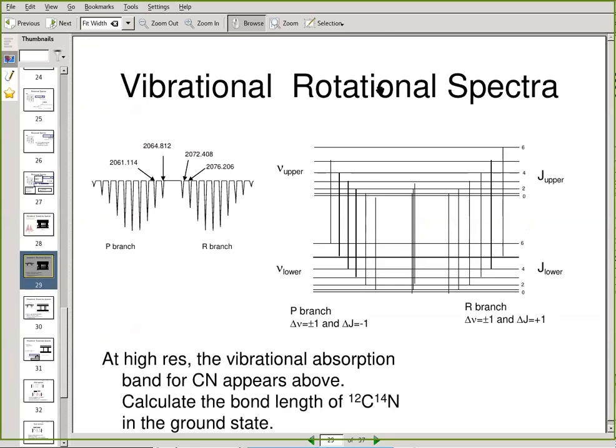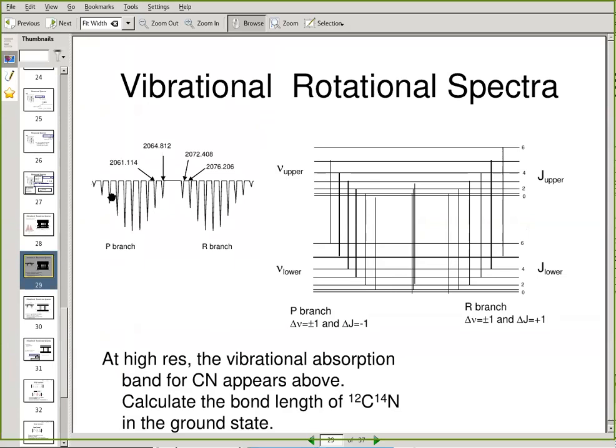This is what the vibrational-rotational spectrum looks like for the CN, and I've got some different wave numbers here for different bands on this spectrum.